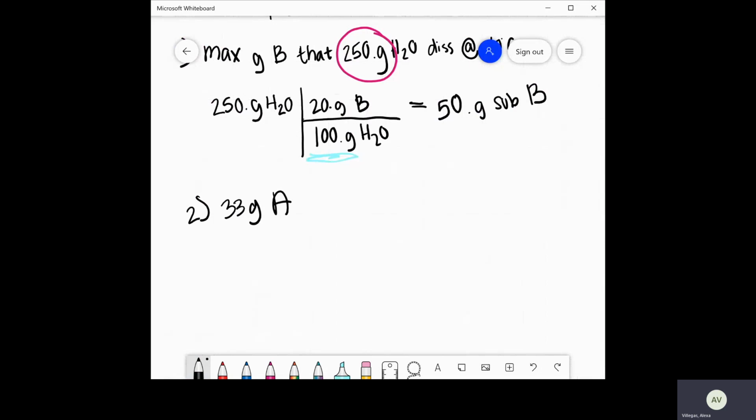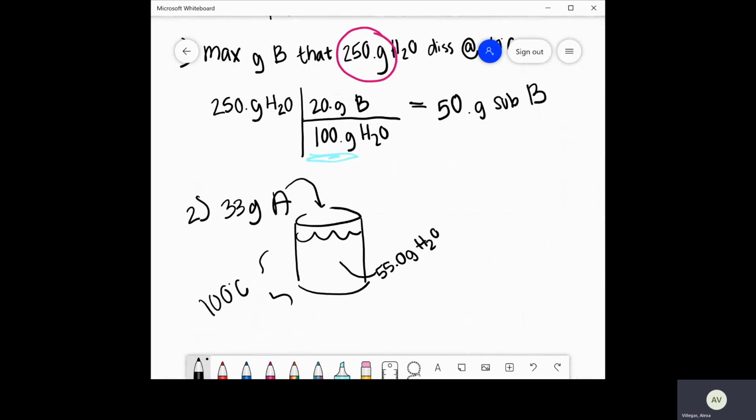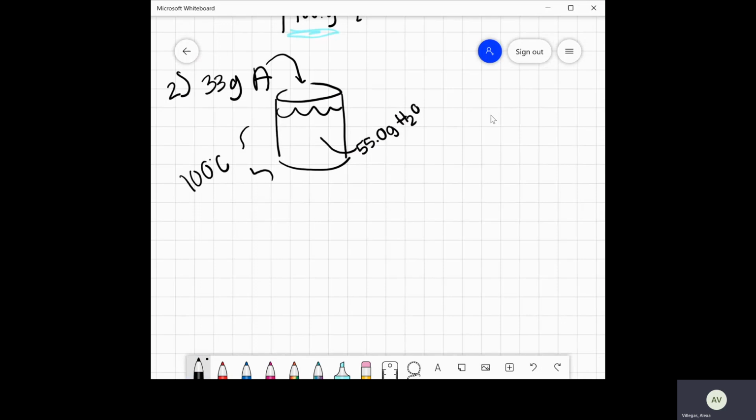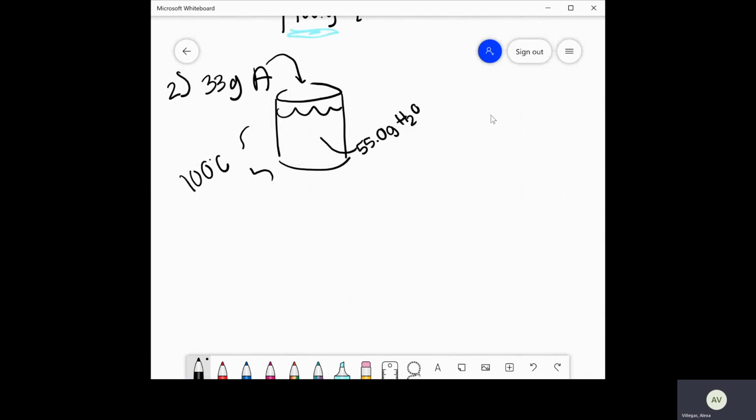So if 33 grams is added to 55 grams of H2O, and all of this is done at 100 degrees Celsius, will it crystallize? Is it supersaturated? So first thing you're going to do is, again, calculate what you're given.